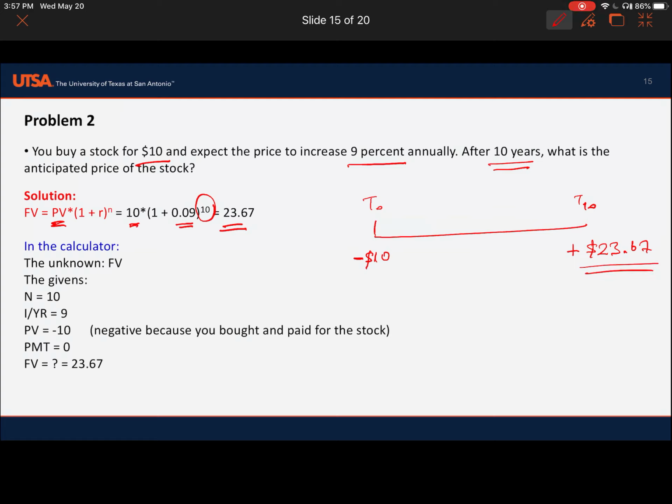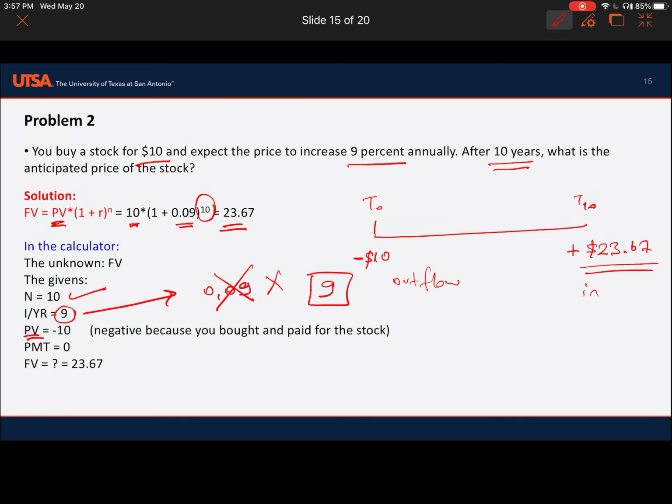How can we solve this problem by using the financial calculator? You have number of years 10, interest rate 9. You're entering 9, you're not entering 0.09. And the present value is minus 10, negative because you bought and paid for the stock. This is outflow.